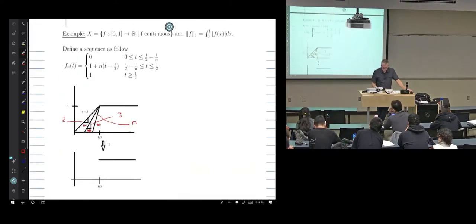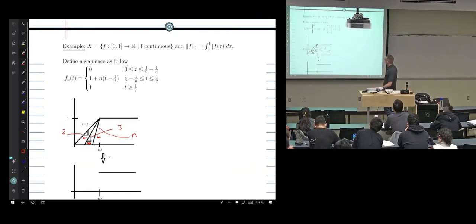Now, here's a sequence. It's trying to converge to this function. So what could I do to fix this problem? It's Cauchy, but there's no limit for it.